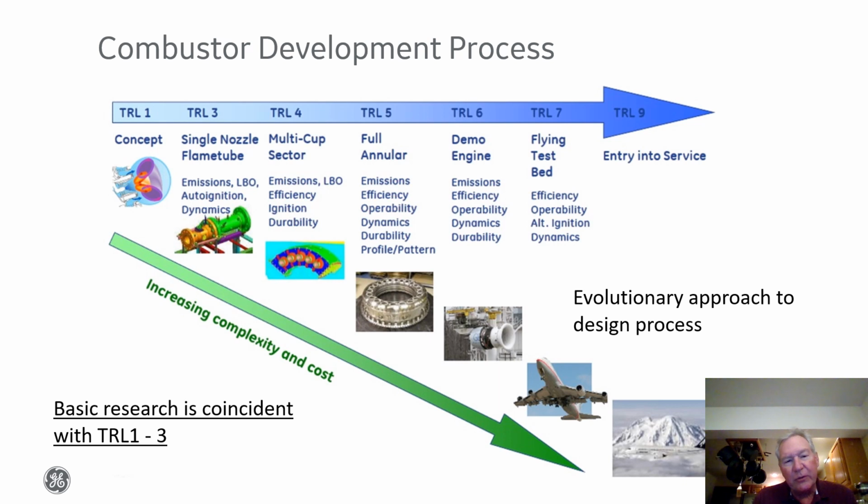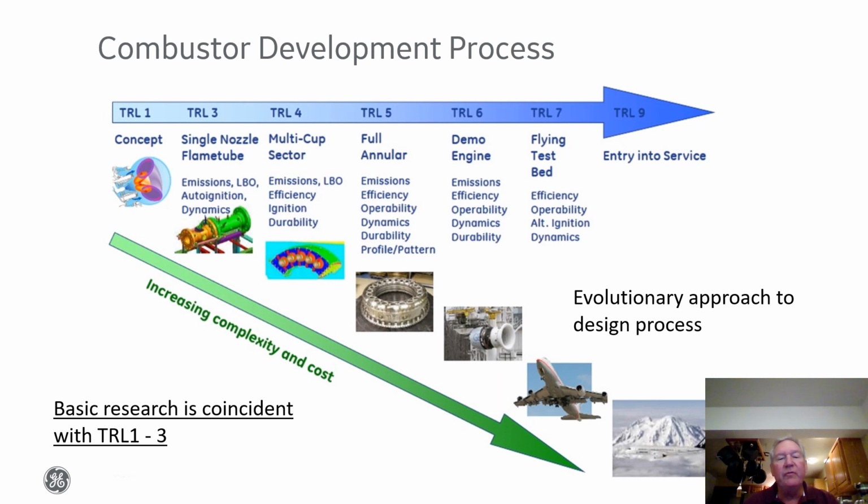This would progress to what we call single nozzle testing, or single nozzle flame tube testing, which is where rather than testing an entire annular combustion system with multiple nozzles, which would be, of course, the final product, we start with just single components. Then we would progress to a multi-component or multi-cup test shown under TRL4.